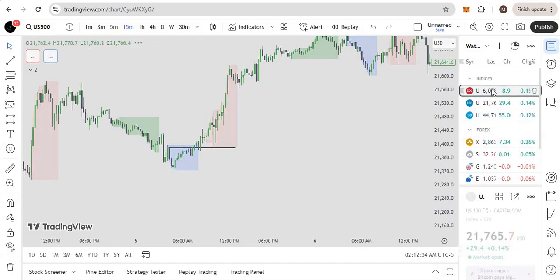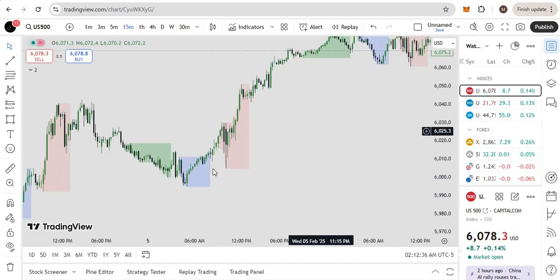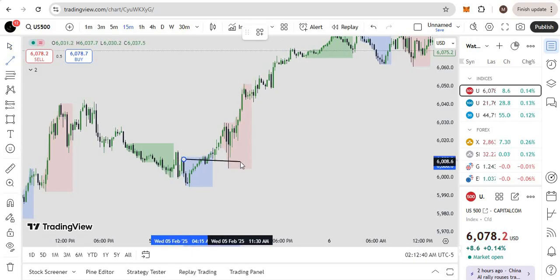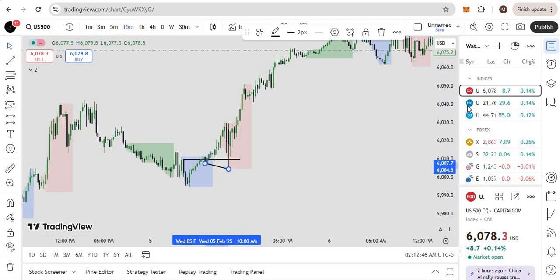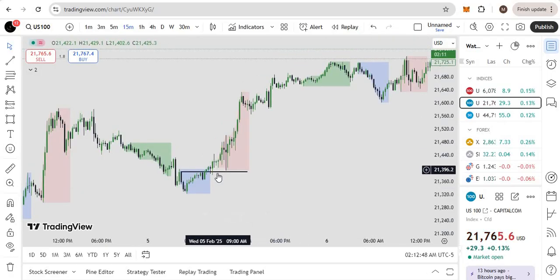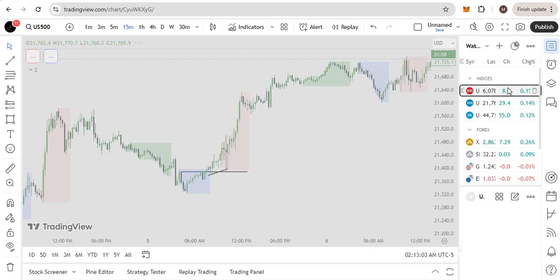But if you go to the US 500, the same thing happened here. SMT here and SMT here. One asset class makes a lower low, one asset class makes a higher high, like this. This will increase your win rate. You will understand where the price wants to go.